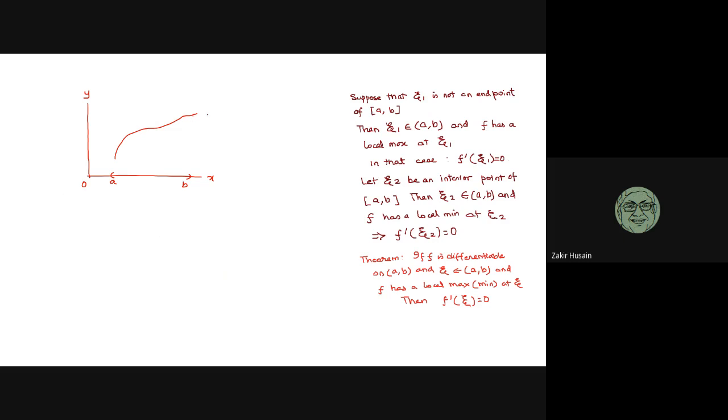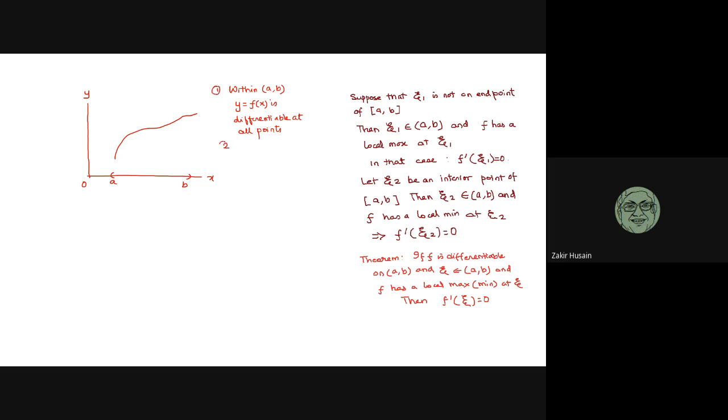We are not concerned with what happens over here. You can have a break, you can have a jump, whatever. But within this range, the function is differentiable at all points. Okay, this is the first condition.